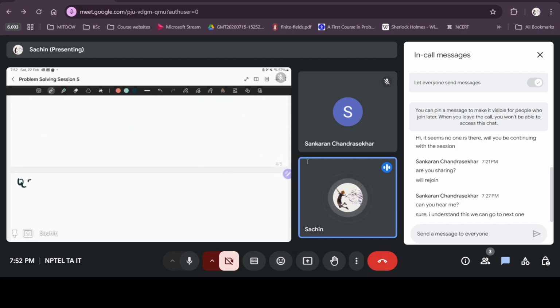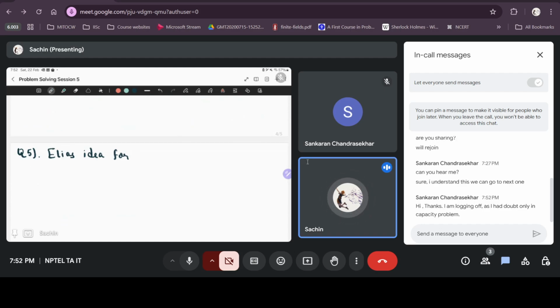Then question 5. We did the alias coding. We saw in question 4 how to do that. But you could apply the idea again.